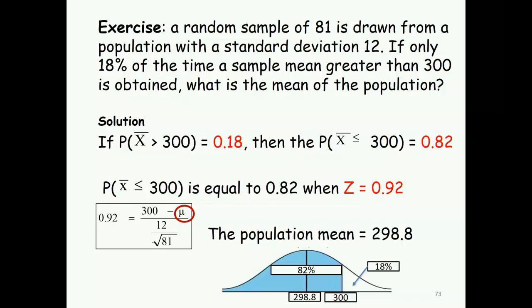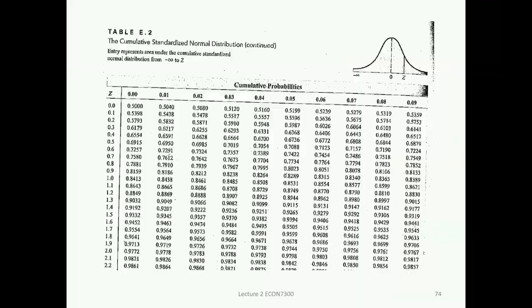You see, 18% is given here. Then it means 82%. For me, it is always easier to calculate to the left because my Z table always calculates to the left. So I take 82% because I want to find the Z value here. I went to my table and tried to find 82%.